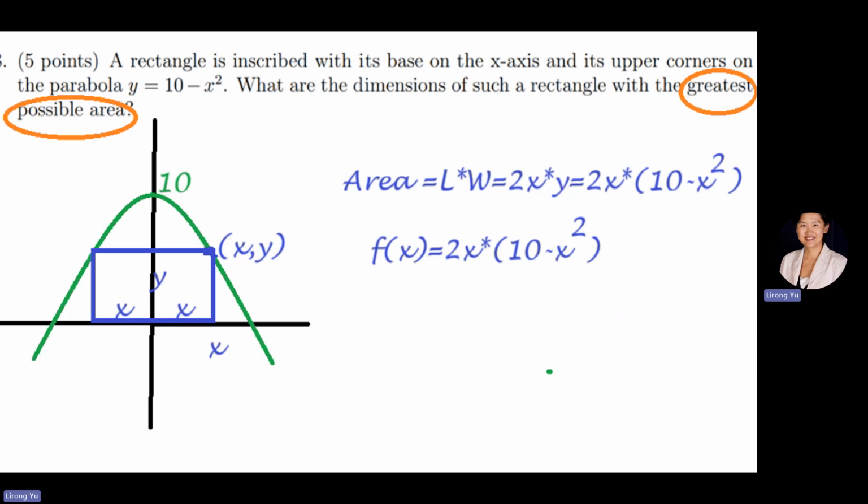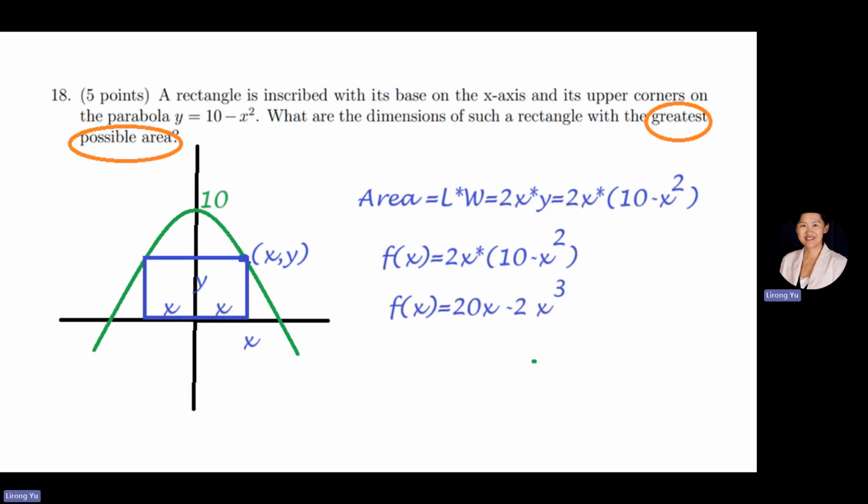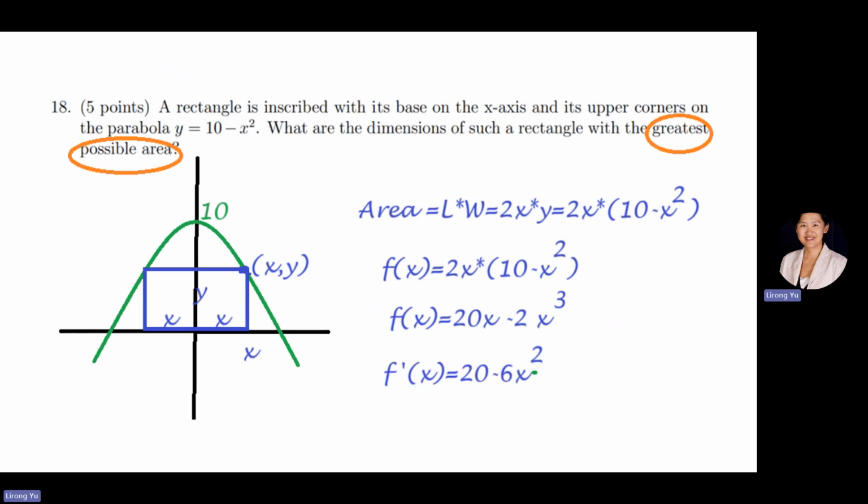We will try to use calculus to find the highest value of this function. The way we do it is, first we simplify the function: 2x times 10 is 20x, 2x times x squared is 2x cubed. Then we can find the derivative.